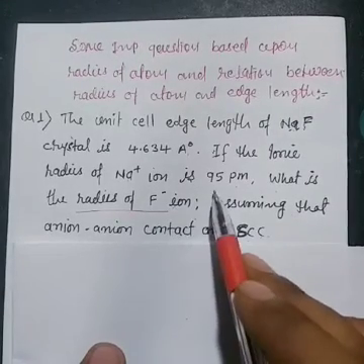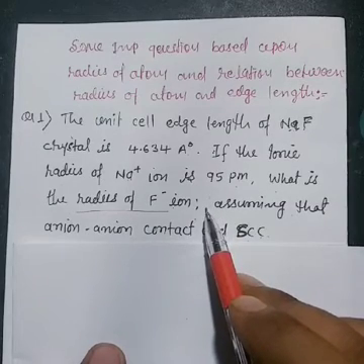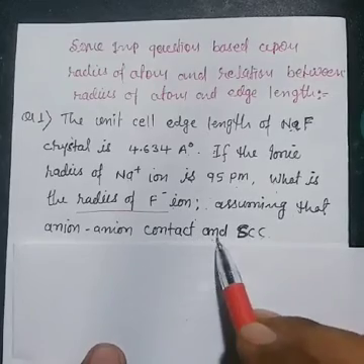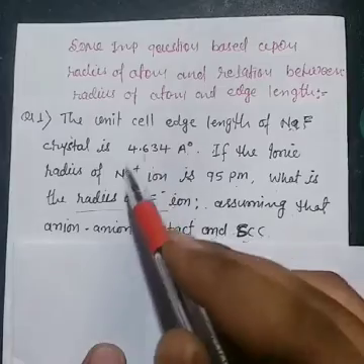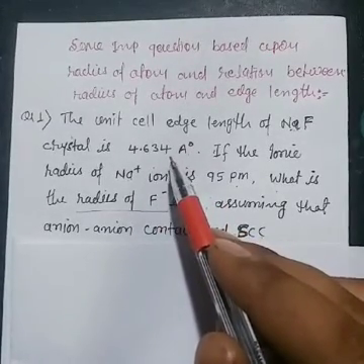Here it is an extra but important point: assuming anion contact, SCC, BCC as well as FCC, because in these questions they do not mention the type of unit cell.